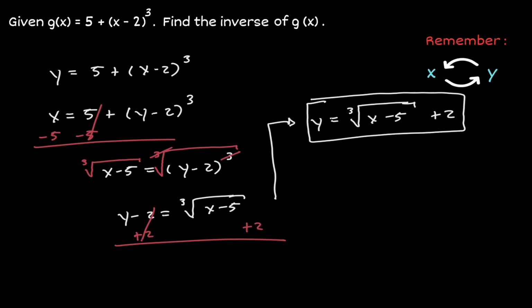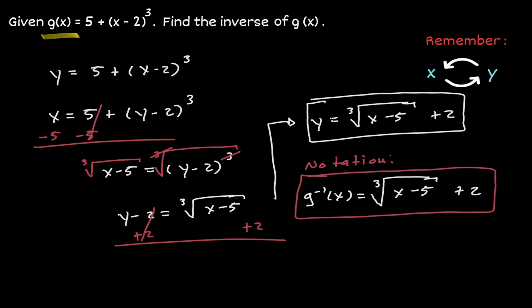Now let's use the correct notation. Because our function was called g of x, the inverse will be named g negative 1 of x. And it will be defined using the function that we found previously. So now we have defined the inverse of the function g of x.